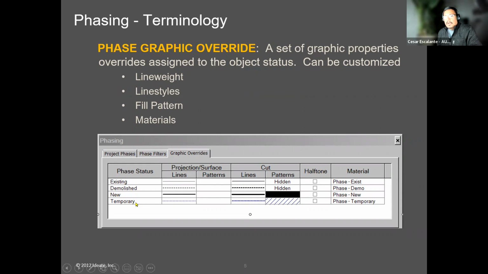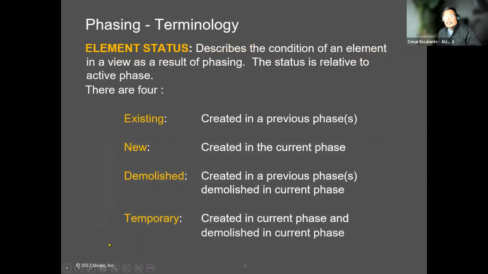And then we have a temporary override, which is this blue dot line. You can apply surface pattern or cut patterns as needed. So the graphic override, this is a global setting that applies projection and cut patterns and materials to objects of different statuses.